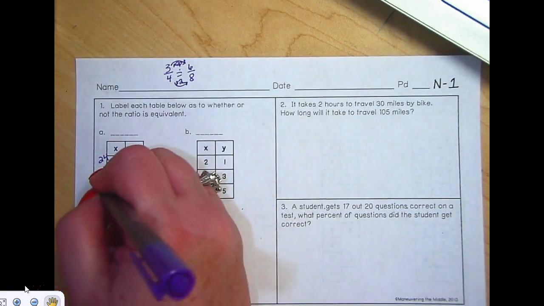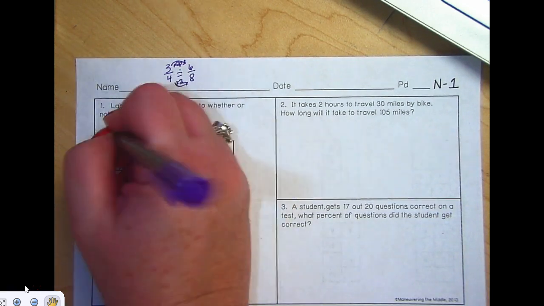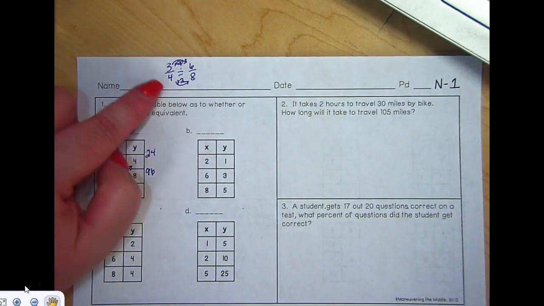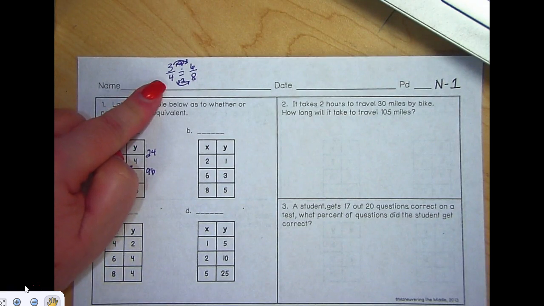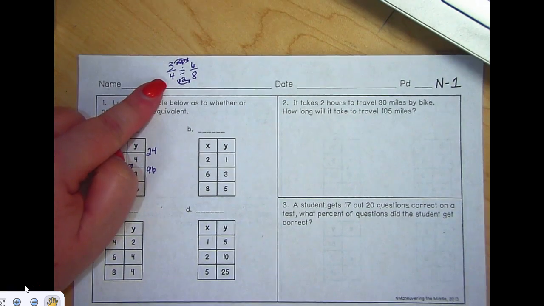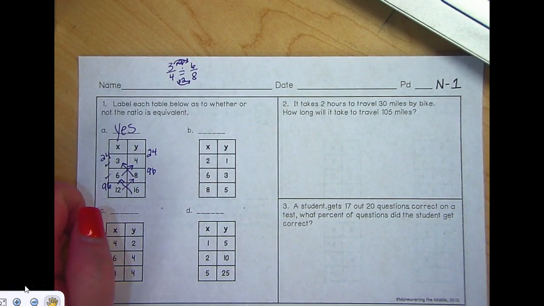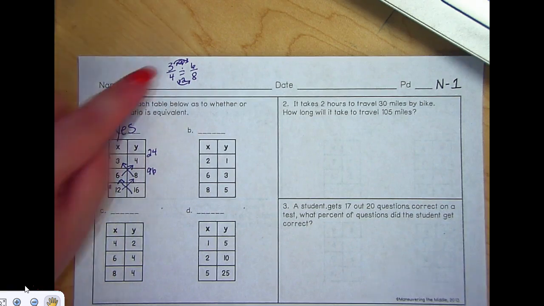So would we say that these are equivalent? Yes. This is what I mean by I need to see math. You can't just have a yes and no. You either need to show how the fractions are equivalent, or you need to find the unit rate, or you need to cross multiply. Yes? Right, that's what I showed right here.